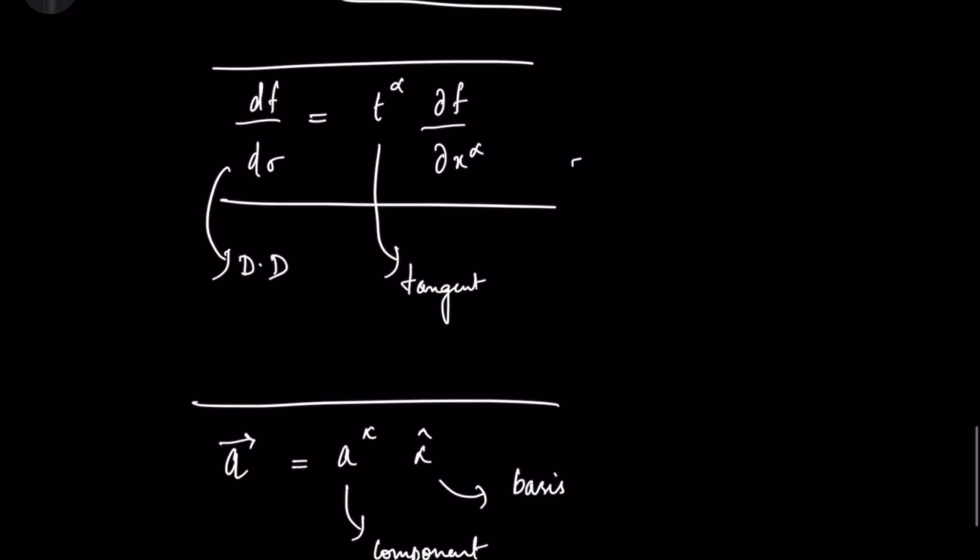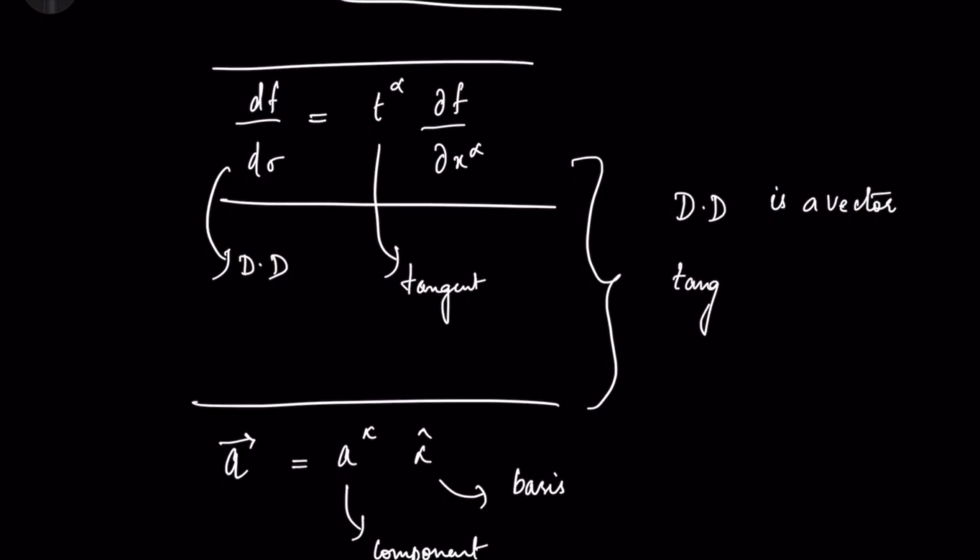If you compare them, you can see that the directional derivative itself will act as a vector. So the directional derivative is a vector, the tangent is the component of that vector, and the partial derivative of f with respect to x alpha is the basis vector.